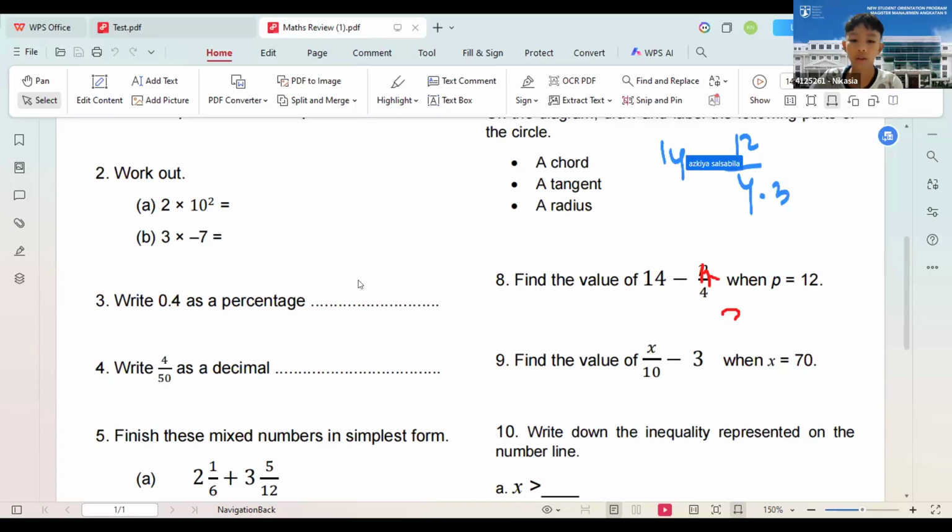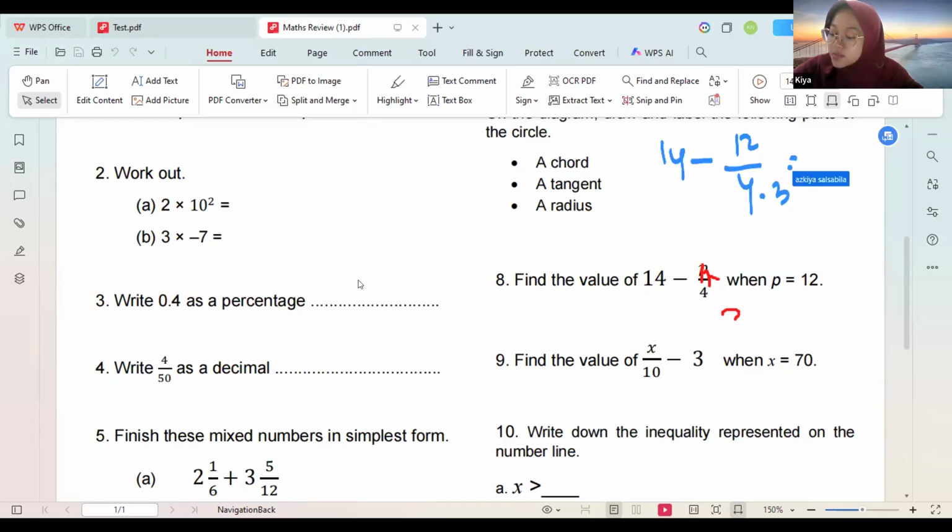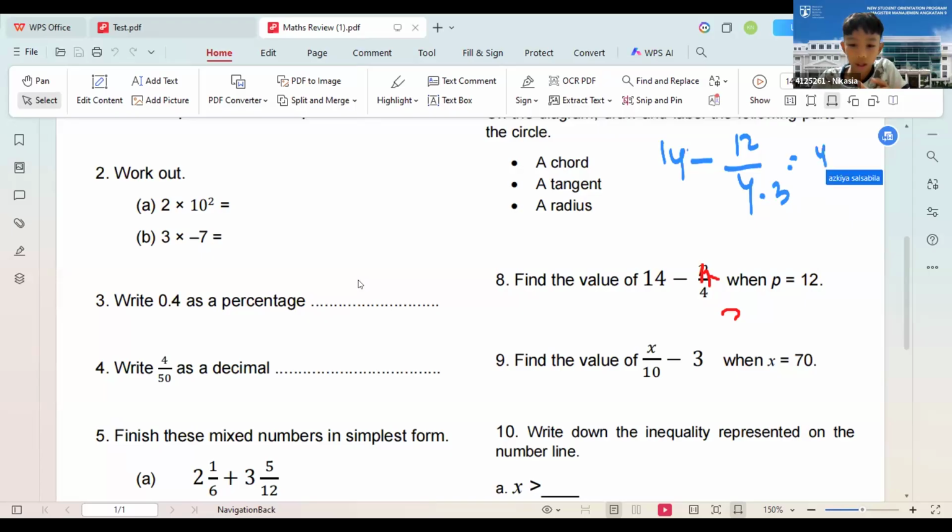Wait, I have to check this first because I think I just found this way. Where did you find this way? When I was doing the times, I knew it. We can do it like that.